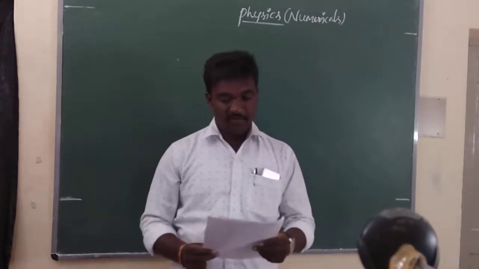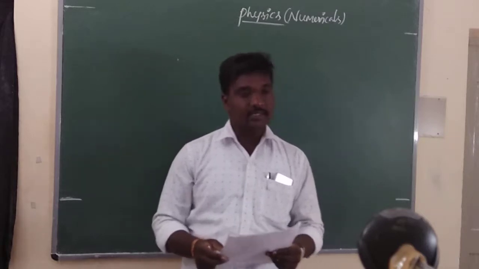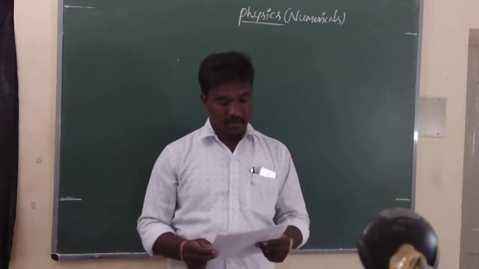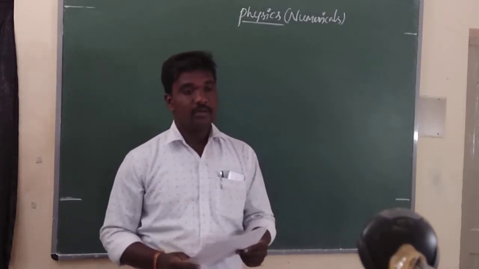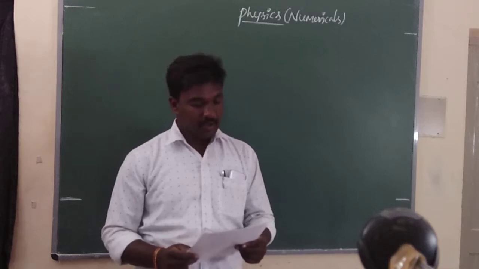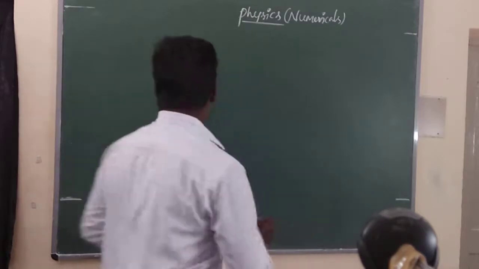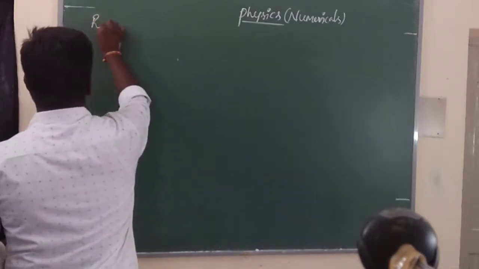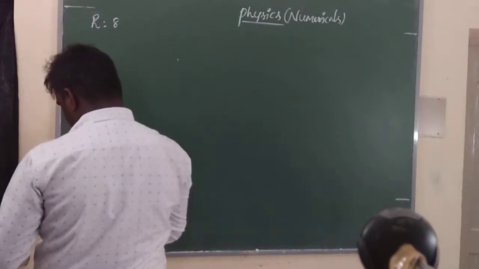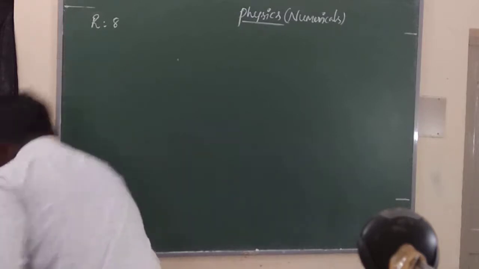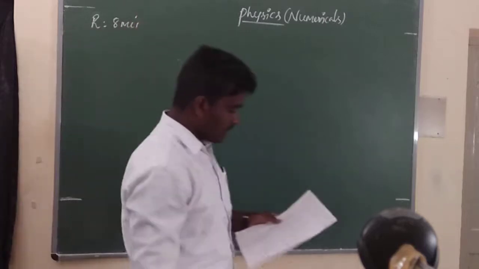Obtain the amount of cobalt-60 (27 Co 60) necessary to provide a radioactive source of 8 millicurie strength.